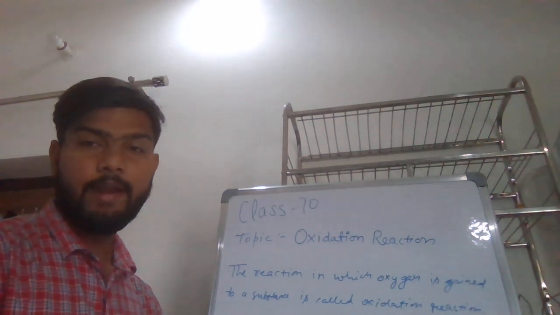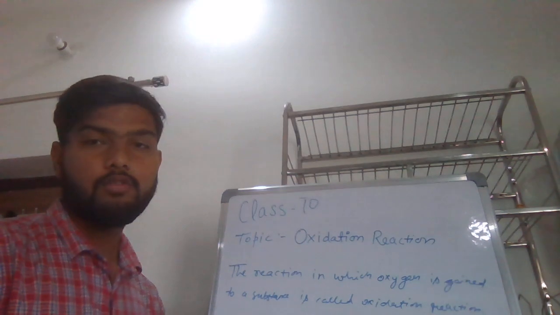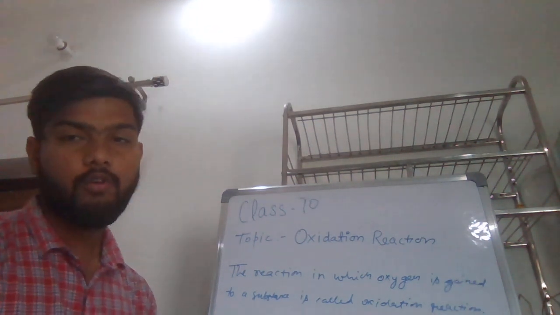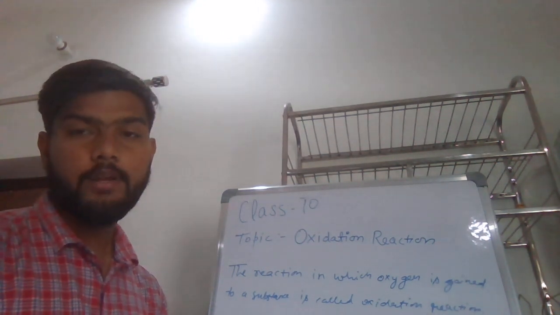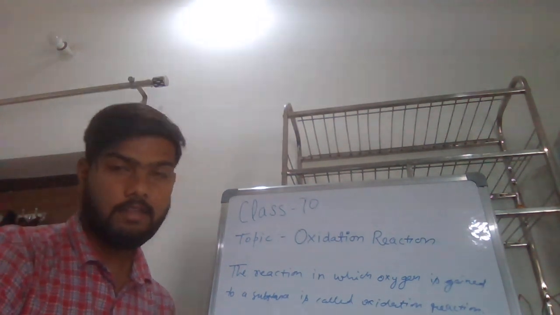Why has this black substance formed? This is because oxygen is added to copper and copper oxide is formed. So that's why the black substance is forming.